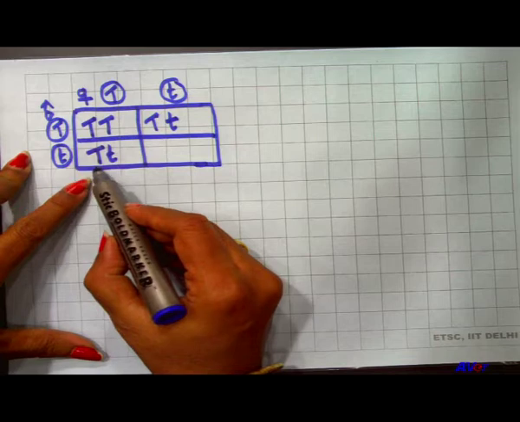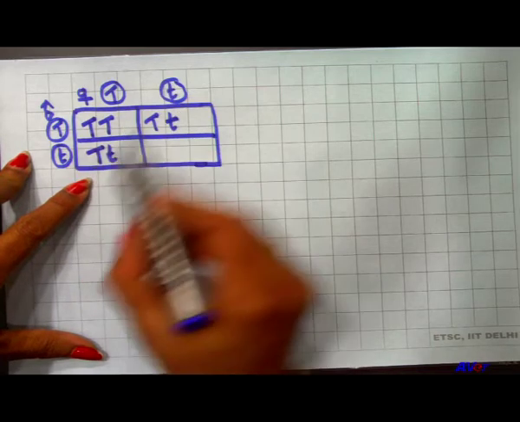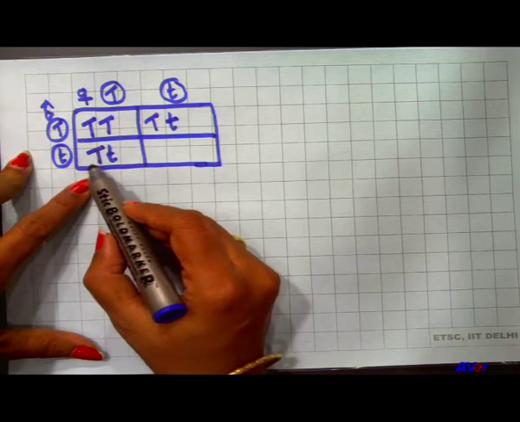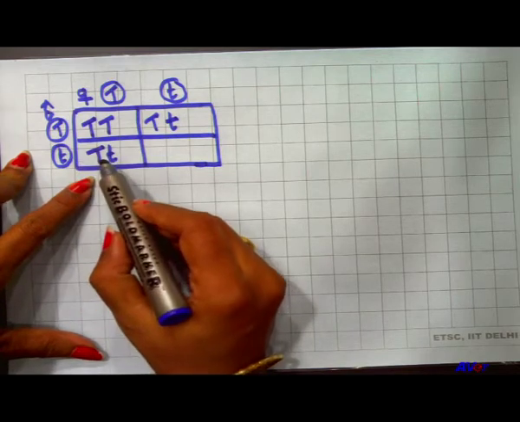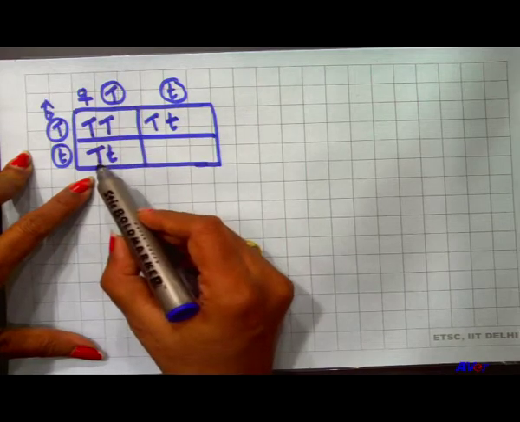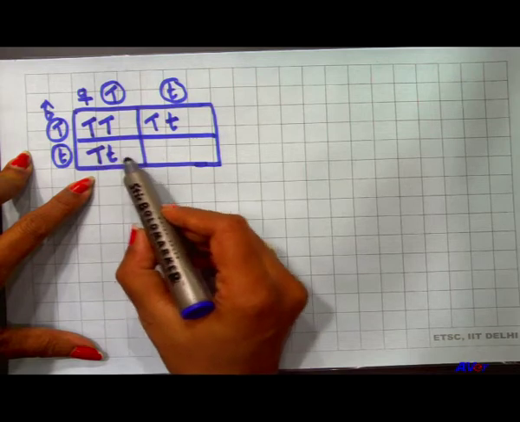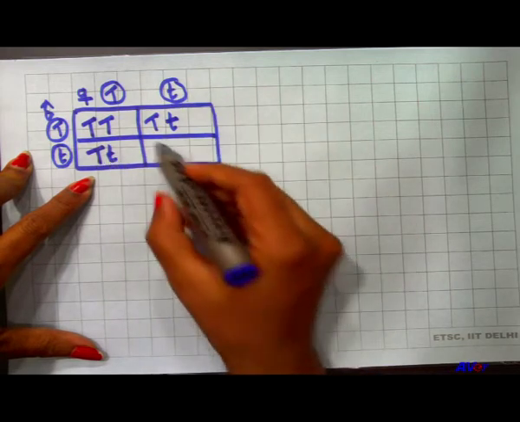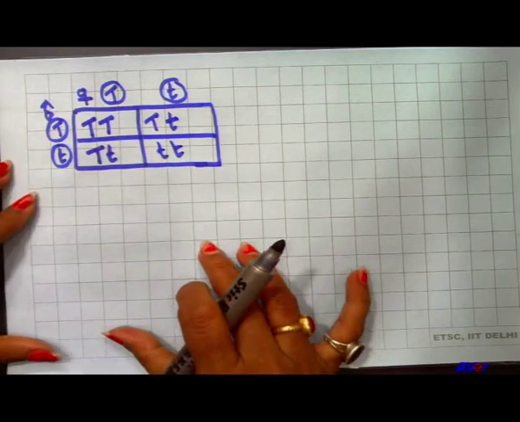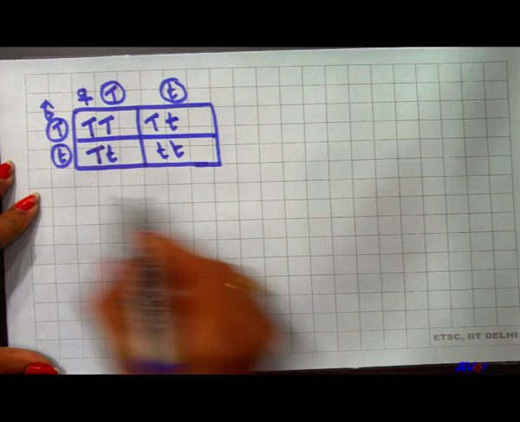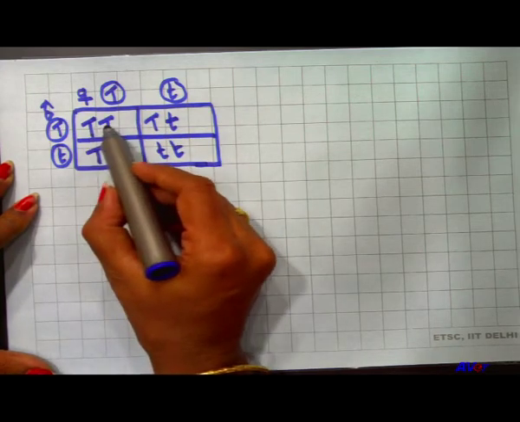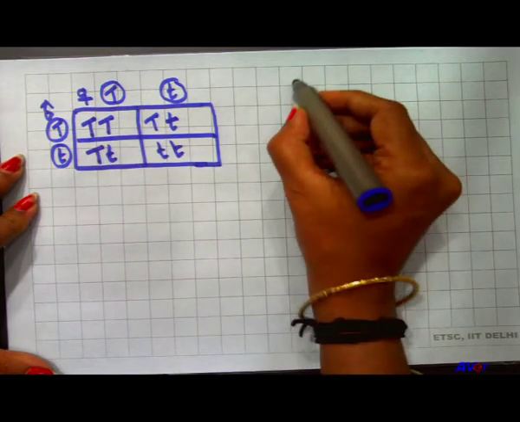Capital T, that means the dominant allele must be written first, yet another basic concept that everybody must listen. The capital T, that means the dominant letter must be written first, followed by the small letter. Here it is small t, small t. Now, coming to the phenotype, capital T will produce tall.